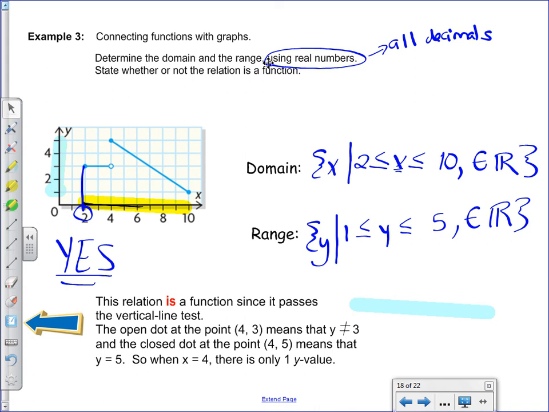So when x equals 4, there's only one y value. So open dot means it does not equal. Closed dot means it is equal to. So again, this passes the vertical line test because this is saying it's not equal to 3 there. Okay, so open and closed do mean something when you see this.